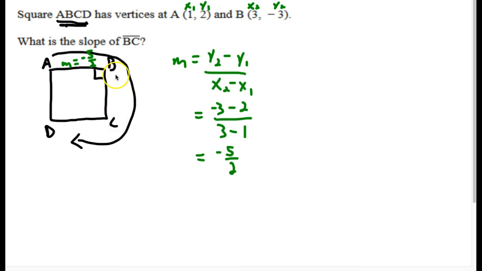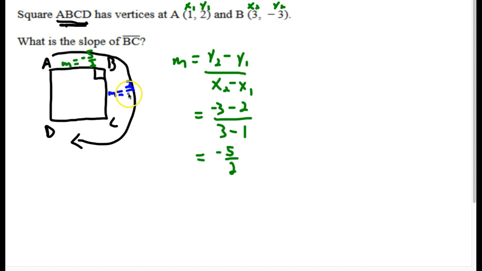Now, since this asks for the slope of BC, BC is going to be perpendicular to this, which means opposite reciprocal slope. The opposite part means take the opposite sign. Since this one is negative, my new slope will be positive. And reciprocal means flip the fraction.